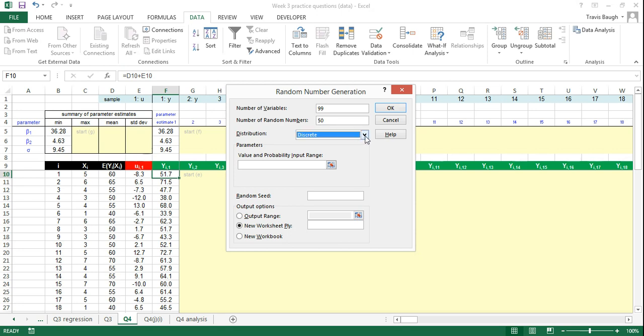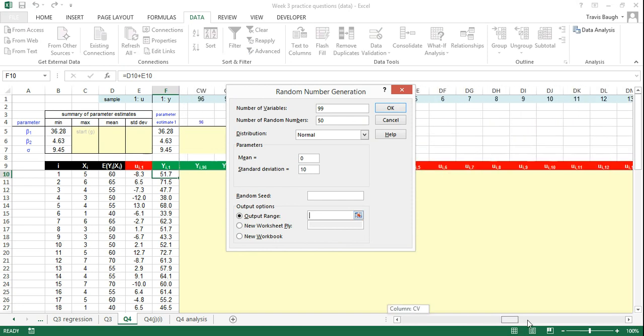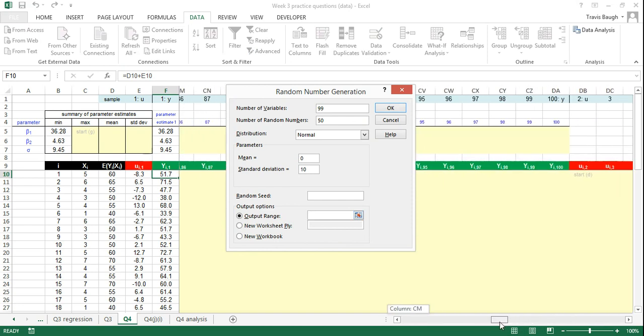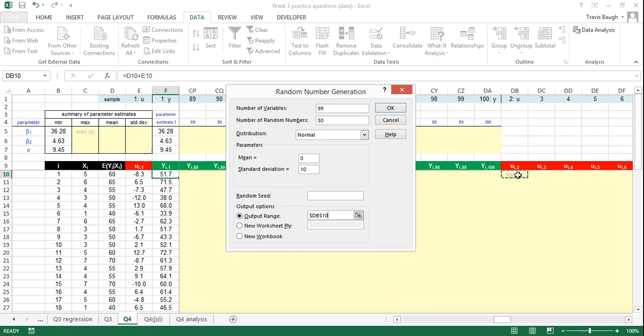The distribution that we're interested in is the normal distribution, and we want that to have a mean of 0, consistent with one of our assumptions in the classical linear regression model, and a constant standard deviation, again consistent with another one of our assumptions, of 10. And where do we want to output these? Well, we're told to do this in DB10. So where's DB10? There it is. Okay, I hit OK.